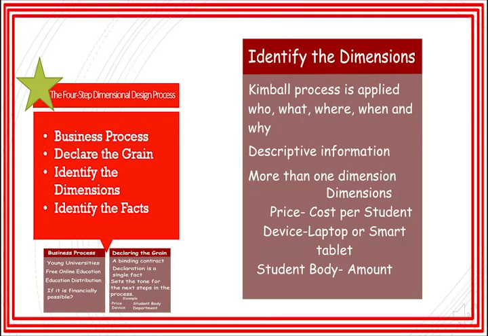The next step, identifying the dimensions. Here, Kimball's process is applied. The user is looking for the who, what, where, when, and why. Descriptive information that helps break down the information. There can be more than one dimension.